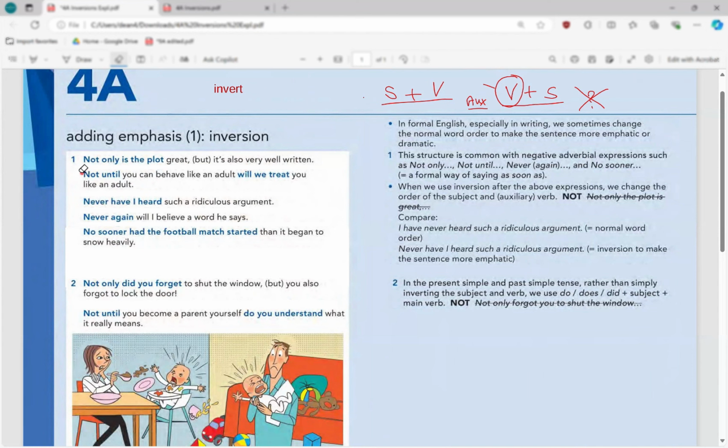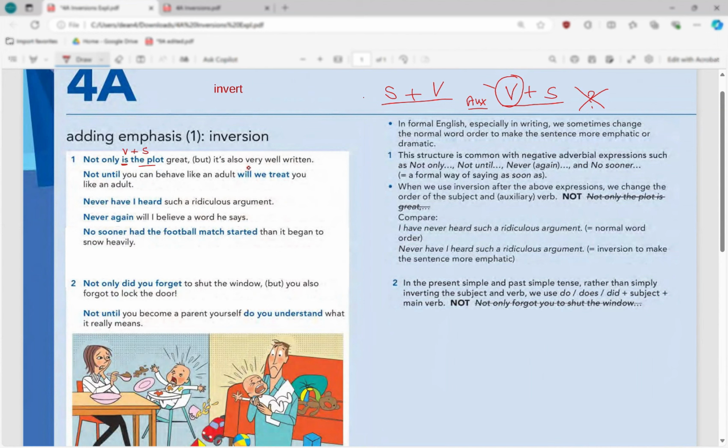The first one, you see, not only is the plot great, but it's also very well written. So here, if you look, is the verb. The plot is subject. So as you can see here, verb is coming before subject.